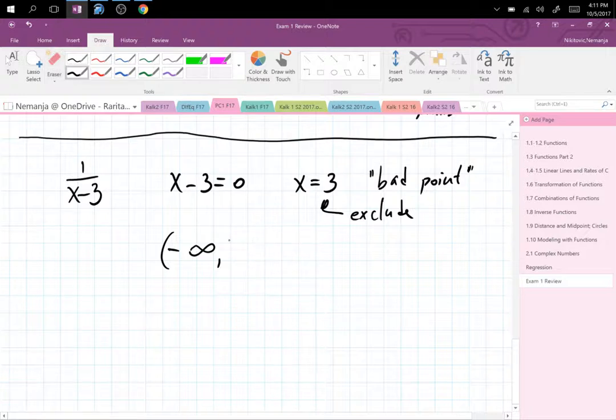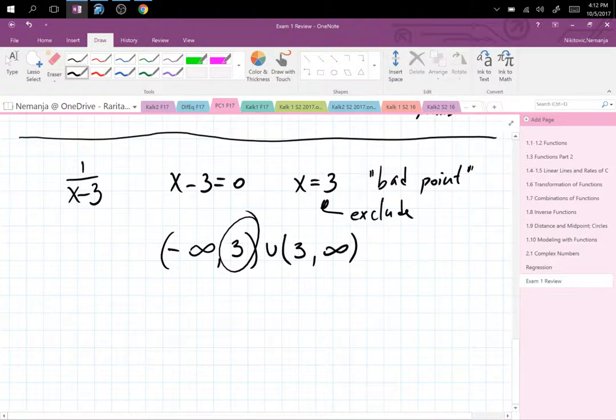What you are going to do is kick out 3, because this parenthesis excludes 3, and this parenthesis excludes 3. But this includes all the numbers between negative infinity and 3, not including 3. So when we do this plus that, which is the union, when you unite things, then that's what you get. So notation must be followed, otherwise doomed.